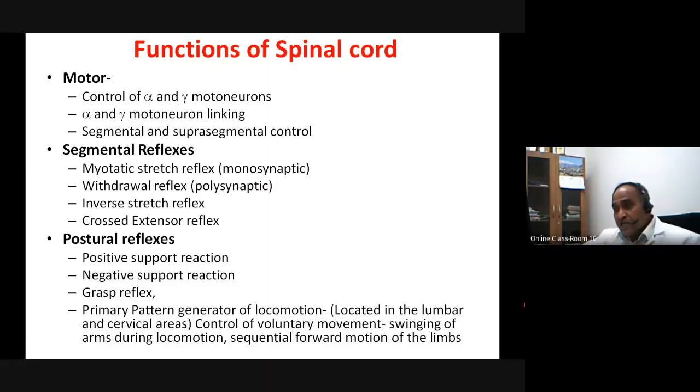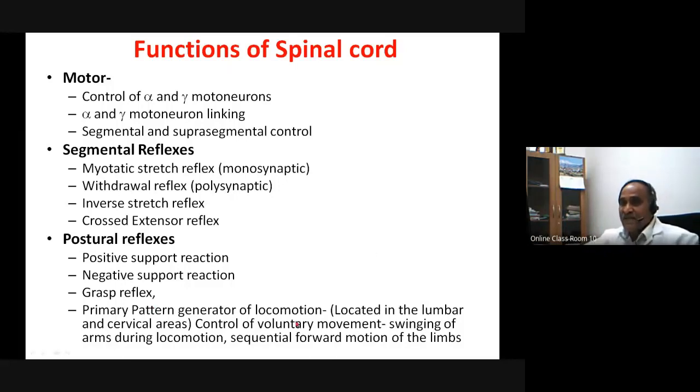In Homo sapiens, in comparison to the forelimb, what our forelimb does is the swinging of the arms. You can just see that one leg is moving, and the opposite arm is moving in that direction. This is exactly what happens in a four-legged animal, and you can just see that particular sequence.